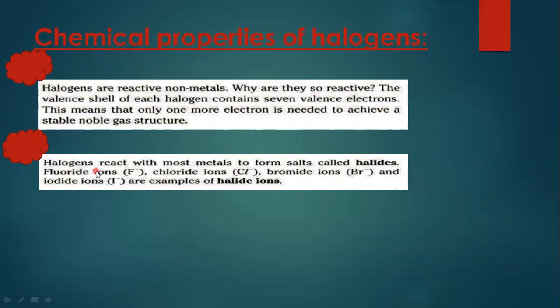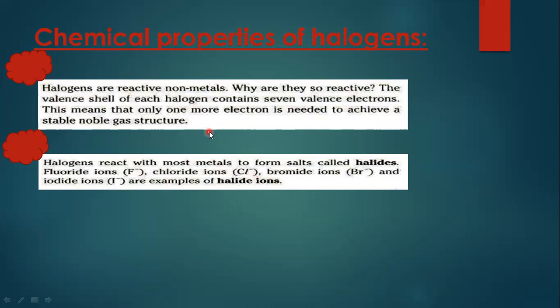Okay, so halogens react with most metals to form salts called halides. Most halogens react with metals and form different salts, and these salts are named halides. So fluoride ions, chloride ions, bromide ions, and iodide ions are formed in different salts; these are also called halide ions.